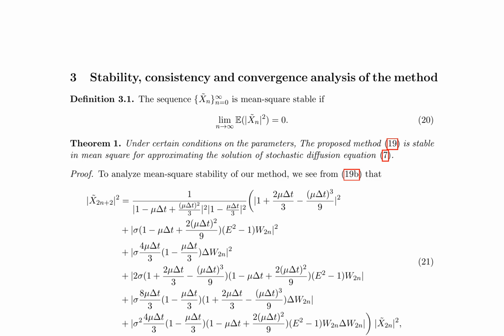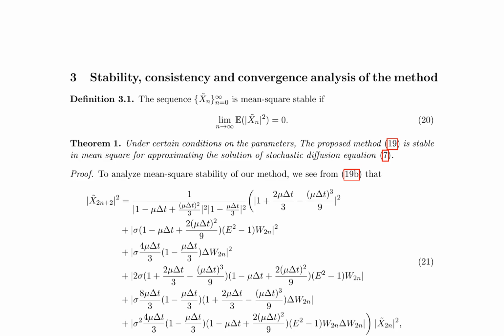The proof involves analyzing the expression for x_{2n+2}, derived from the proposed method's equation 19b. This expression is used to establish a condition for mean square stability, given by equation 23, which requires that the sum of terms involving parameters mu, delta t, and sigma be less than 1.